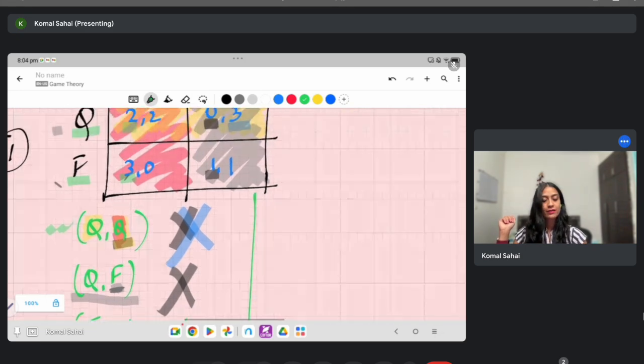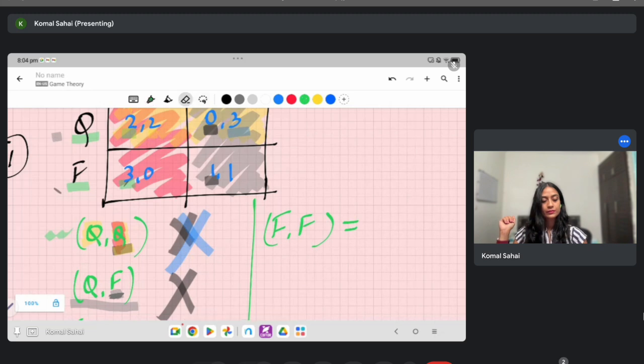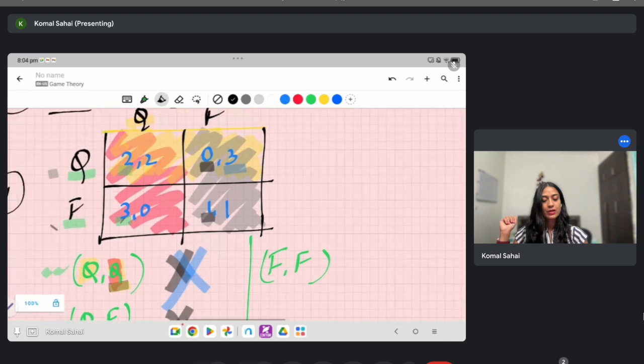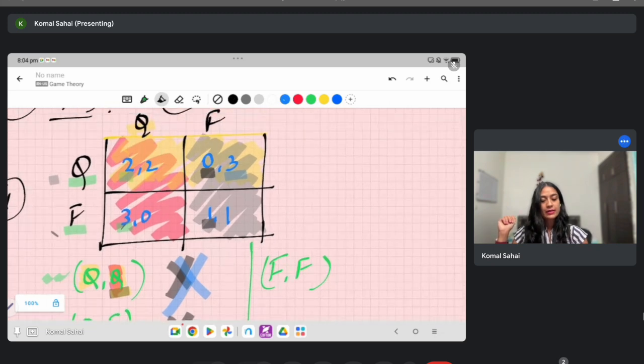Finally, let's check for think and think. Okay. For think and think, what do we have? We see that from the perspective of player 1, player 1, तुम ऐसे सोचो, कई बार students get confused.